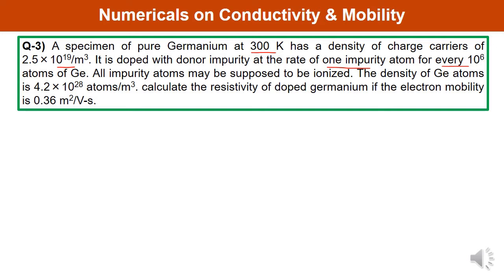All impurity atoms may be supposed to be ionized. The density of germanium atoms is being given. Calculate the resistivity of doped germanium if the electron mobility is given. It means you have to calculate the resistivity over here. How to calculate it? Let us solve this question.